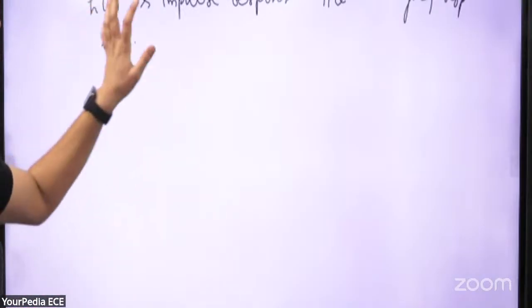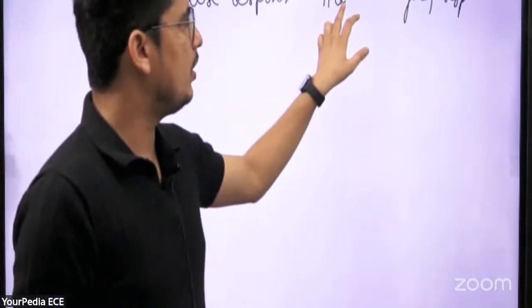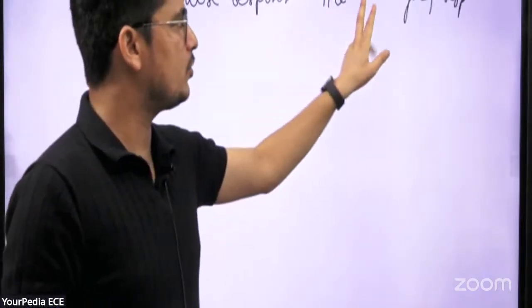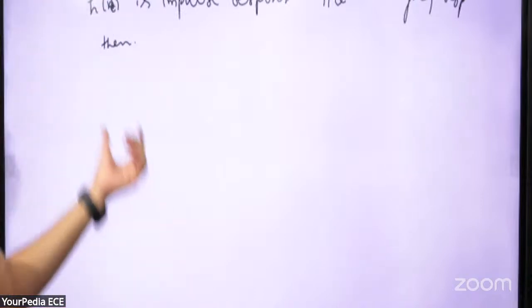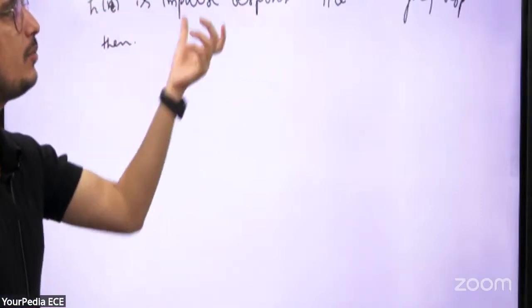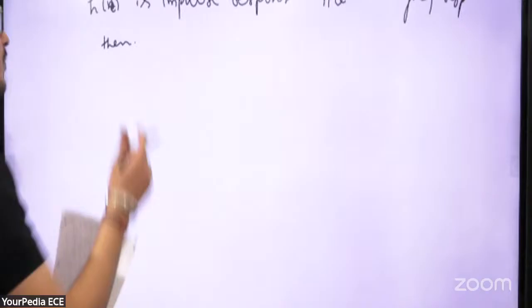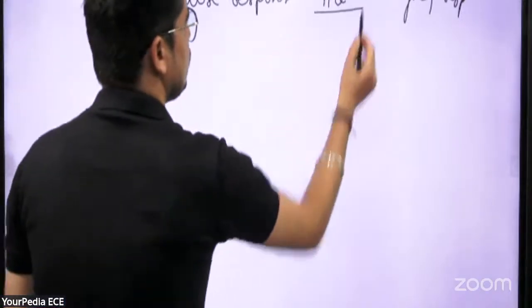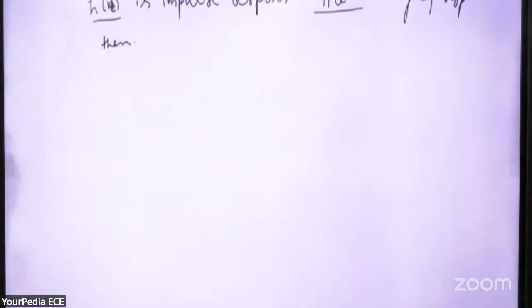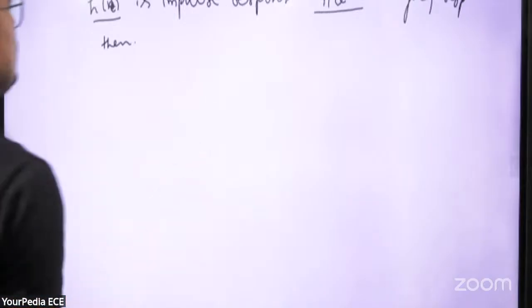H of t is the impulse response, and h of e raised to the power j omega is the frequency response. He is asking what is the relation between these two. Basically, if it is h of t and h of e raised to the power j omega, it means they have a Fourier transform relationship.